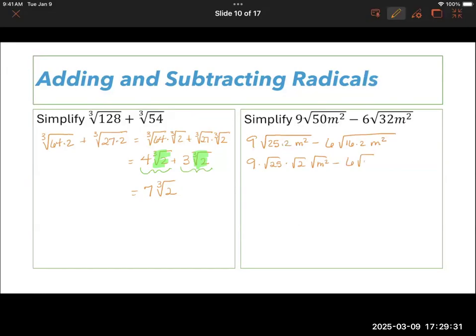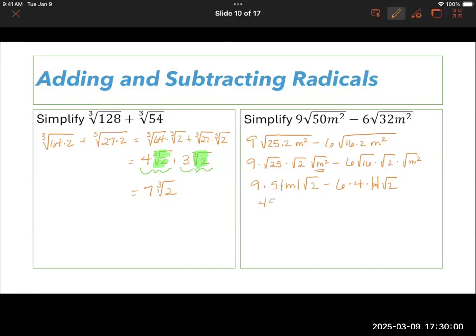Here I have a square root of 16, a square root of 2, and a square root of m squared. So we'll have 9 times 5 times the absolute value of m, and then the root 2. Here we'll have a 6 times 4 times the absolute value of m times the root 2.